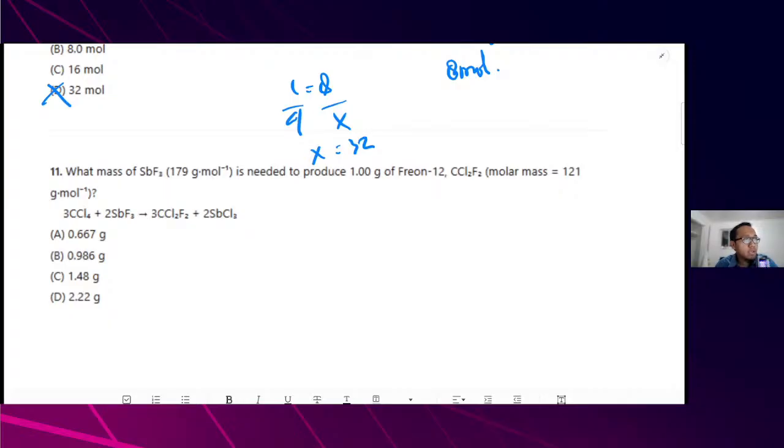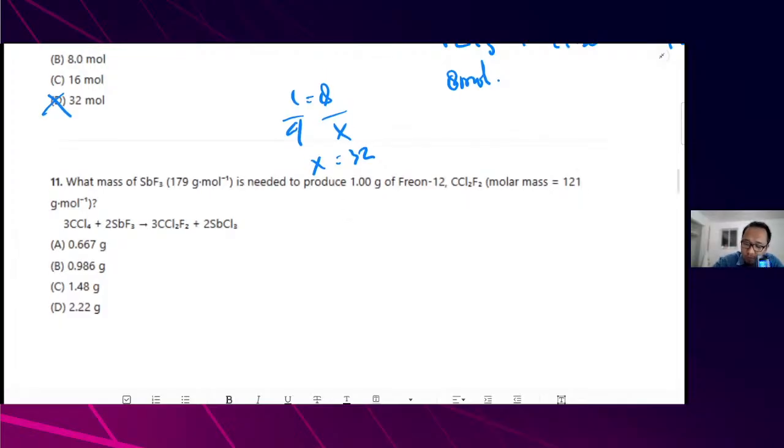Okay, so let's walk through this step by step. For the first step, convert grams to moles of CCl2F2.